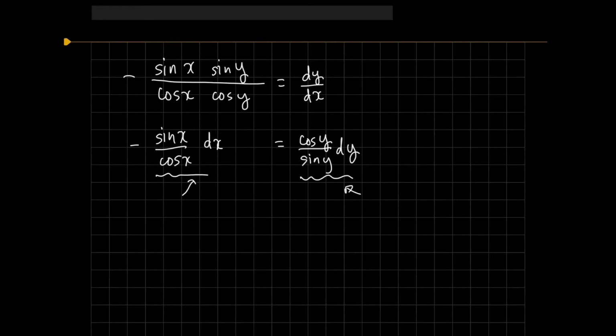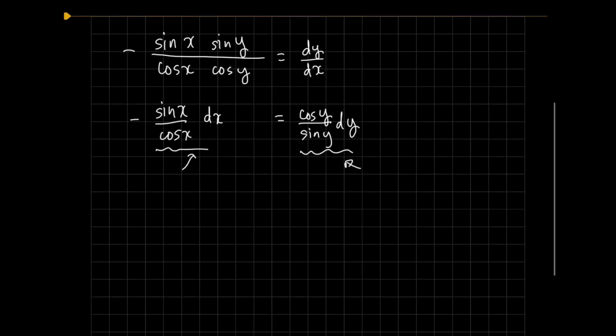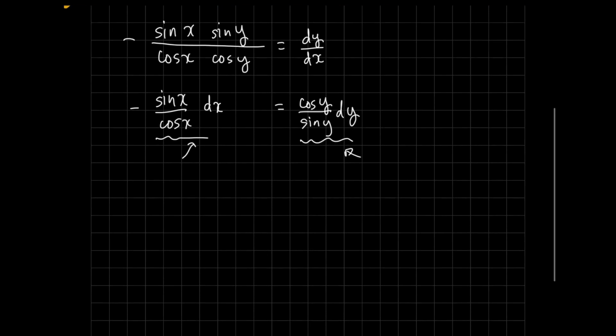And now we just have to notice that in fact we can do a substitution. Well, that would be a simpler thing to do. Or we can just notice that in fact the derivative of cosine x is negative sine x.